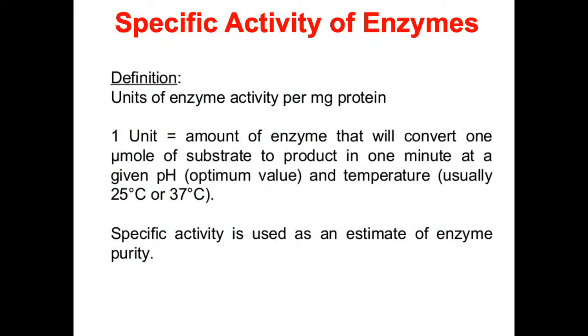The specific activity of an enzyme is the enzyme activity per milligram of protein. One unit is the amount of enzyme that converts 1 micromole of substrate to product in 1 minute at a given pH and temperature. The pH should be around 6 to 8 and the optimum temperature around 25 to 37 degrees Celsius. The specific activity is used in estimating enzyme purity.